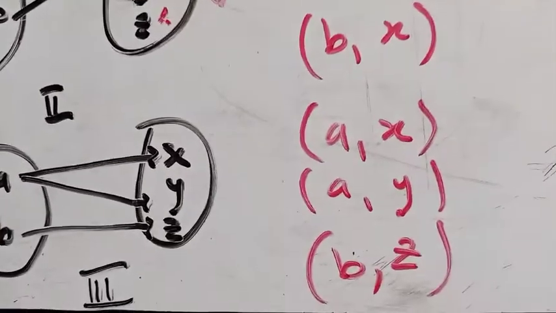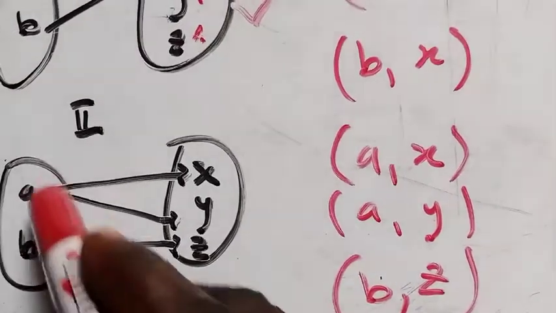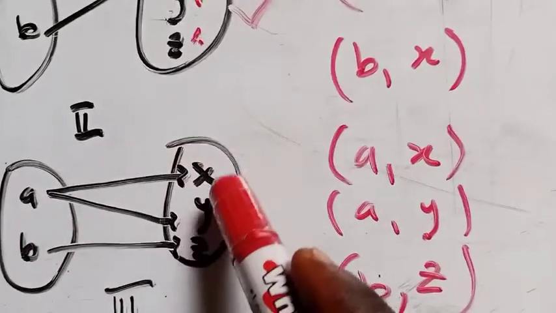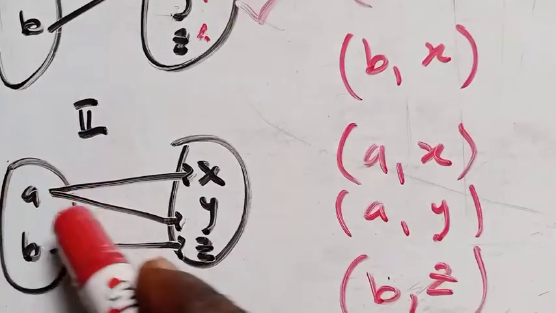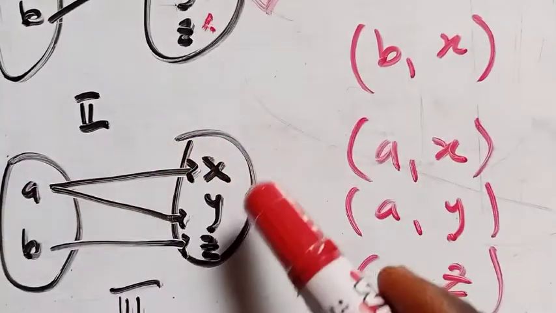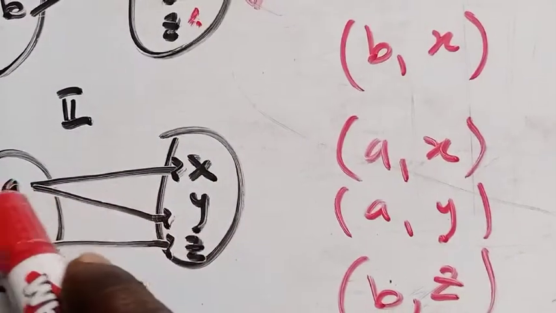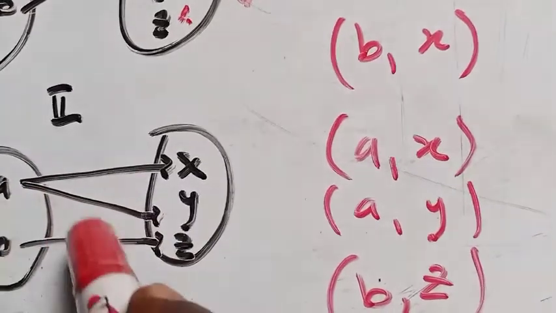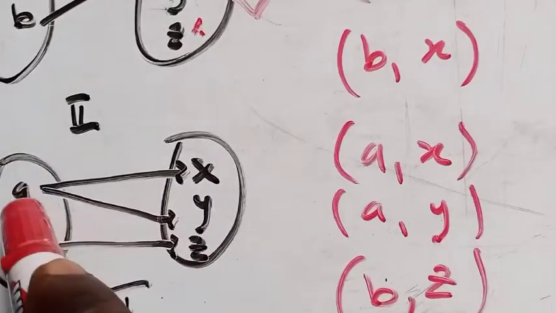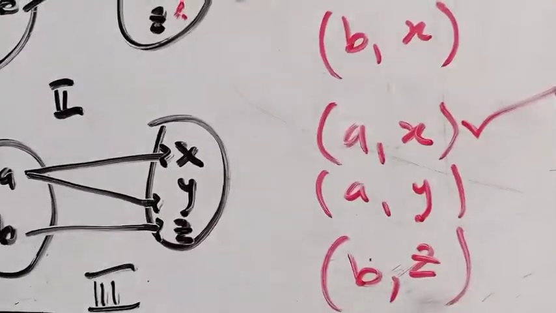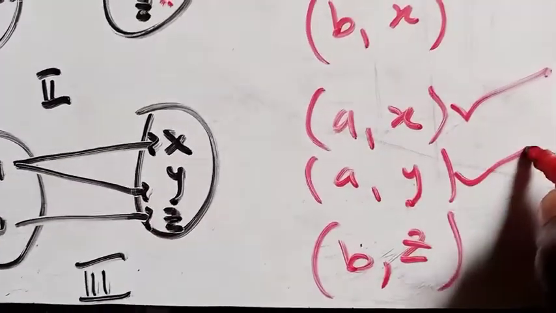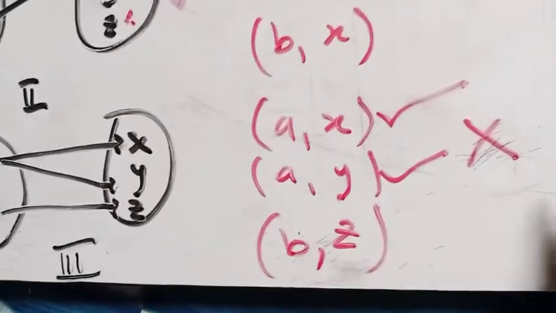And now the definition of a function is saying that if you are a child here, you must have only one mother. Of course, we are talking about biological mothers. So if your biological mother is, for real, only one, right? Okay, now look at something. According to this diagram, A has a mother X, and that same A has another mother Y, which is not in our case. Are you getting the point?